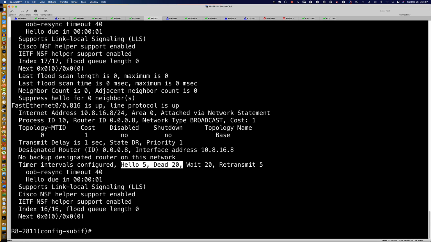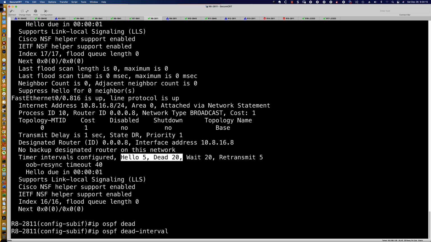Now, the question becomes, well, what if I set the dead interval to something different? Does that force the hello interval to be a divisor of 4 of the dead interval? In other words, if I set the dead interval to 120, and I divide that by 4, is it going to set the hello interval to 30?